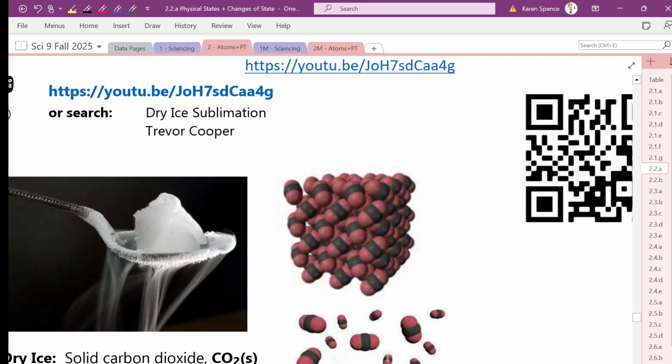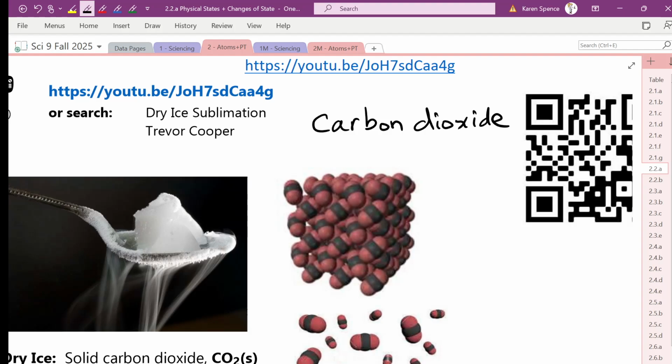So what's happening here is we have our, do you guys know what compound makes up dry ice? Carbon dioxide. Do you guys know the chemical formula for carbon dioxide?